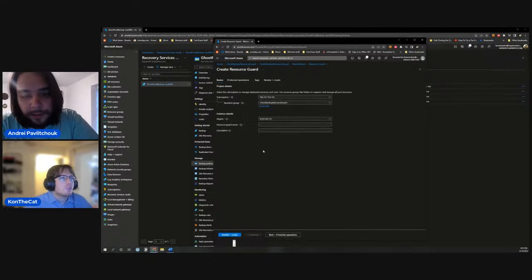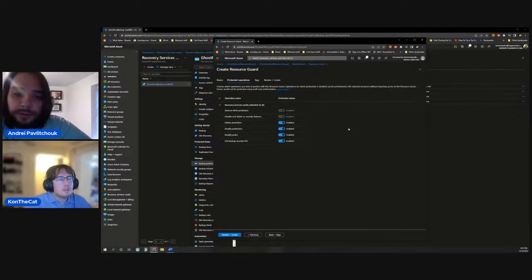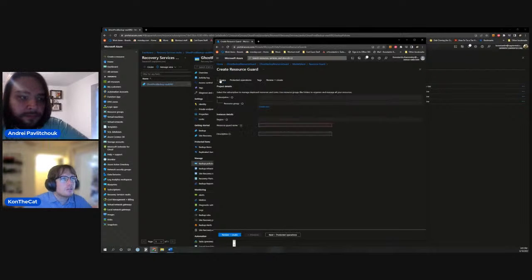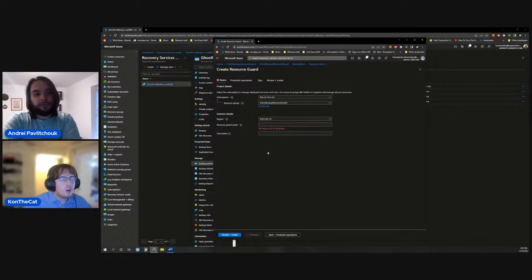There's really nothing special to it. You just configure the operations that it's managing, and the resource guard resource and the recovery services vault have to be in the same region.